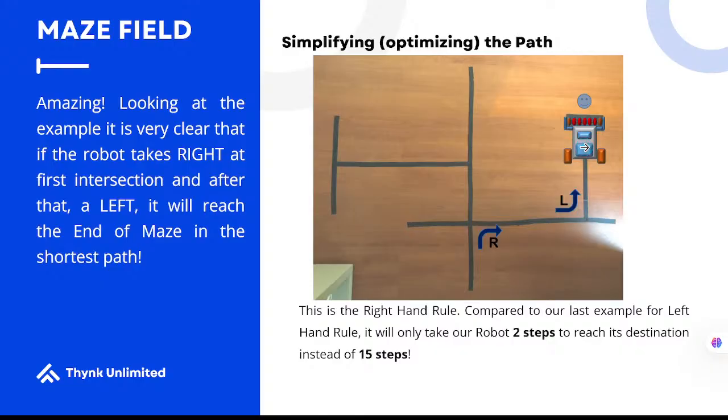Now we can also decide to use only the right hand rule, which means the robot will always turn right. So at this point, the robot will start and go forward. Then at this point, the robot should turn right this way. Then at this point, the robot should turn right again.